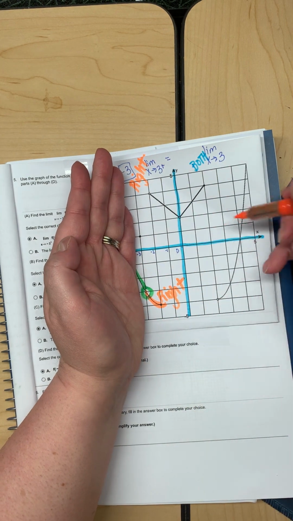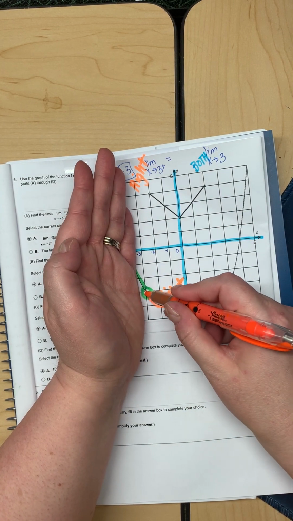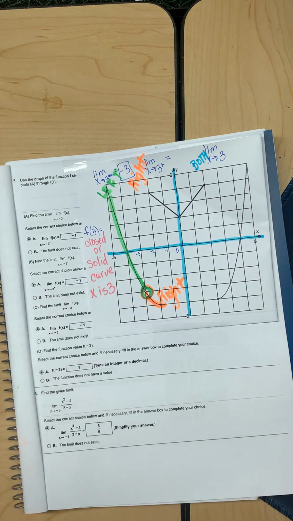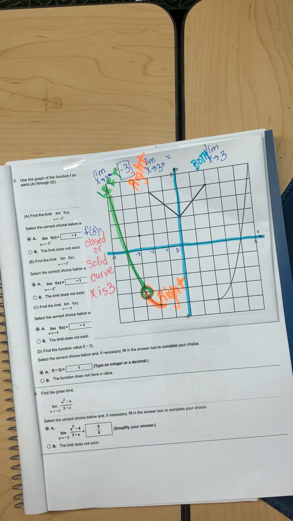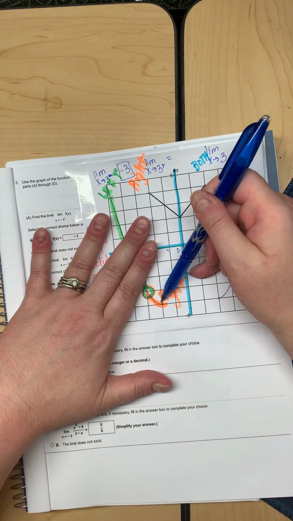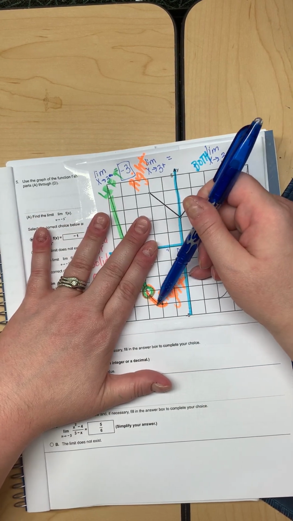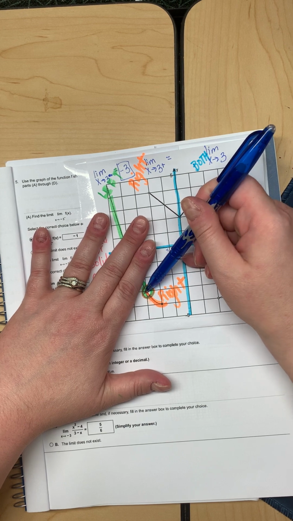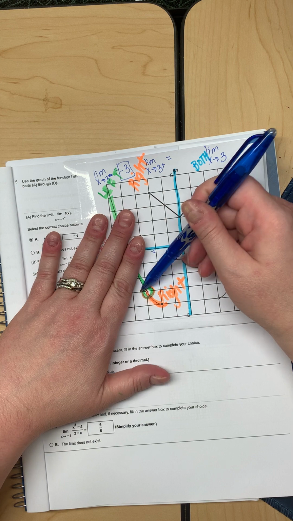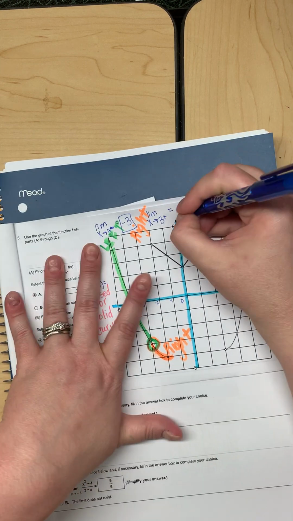If we come in from the right, we still land at that same y value of -3. As I get closer to x equals -3, we stop at this open hole, and this open hole has a y value of -3.